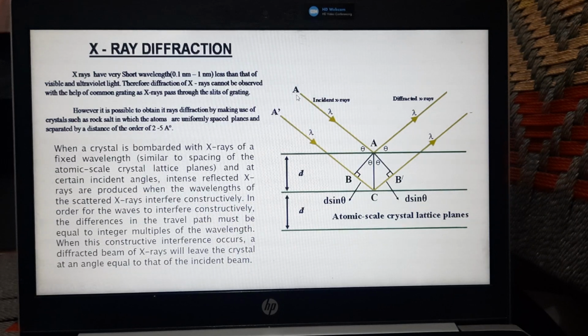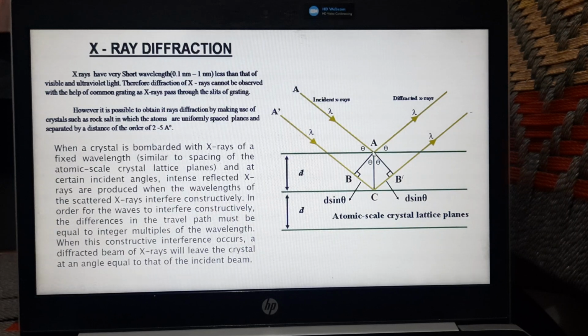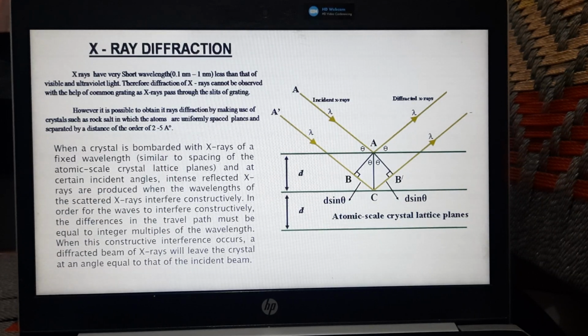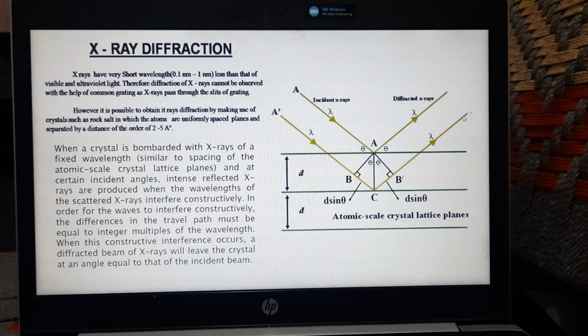So when this incident ray is incident on this atom, it will be diffracted in this direction, and the second incident ray A prime is incident here on this atom, and it is diffracted in this way.